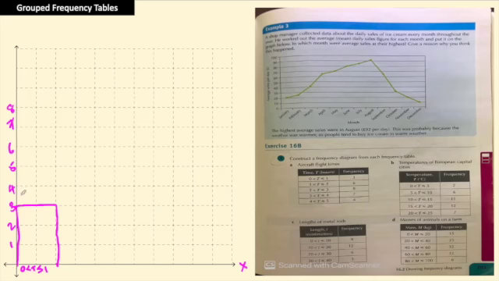1 to 2 is 6. The frequency is 6. So the height of the second bar is 0 to 6. And the interval is 1 less than t less than or equal to 2. The next one is 2 less than t less than or equal to 3. And the frequency is 8.